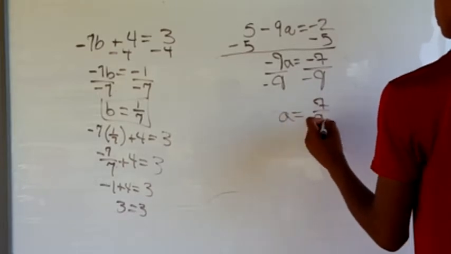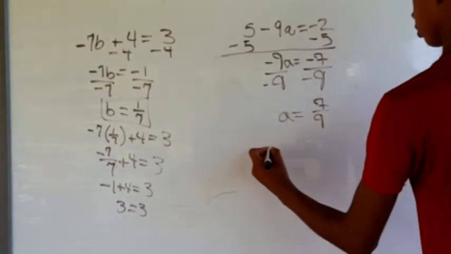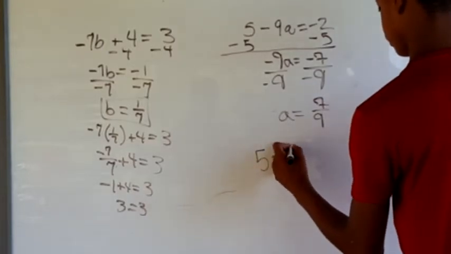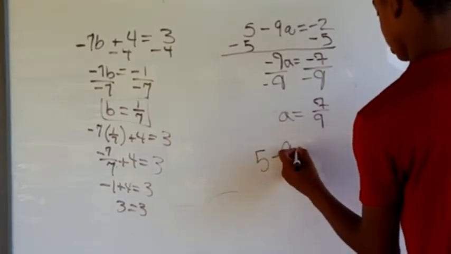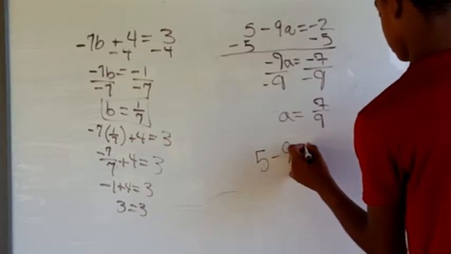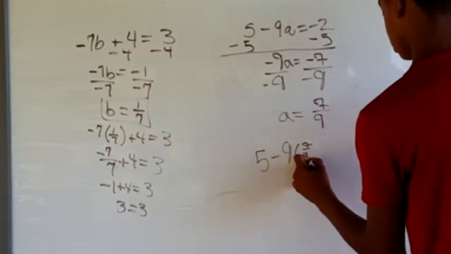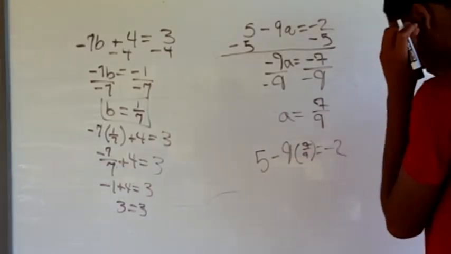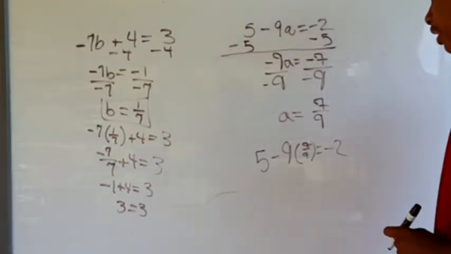You can go ahead and check to see if that's correct by doing 5 minus 9 times 7 ninths equals negative 2.